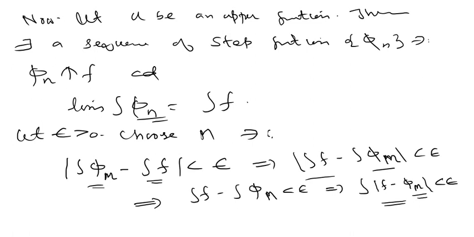So this increases to u almost everywhere; this is u minus phi n. Again, it's u, not f.